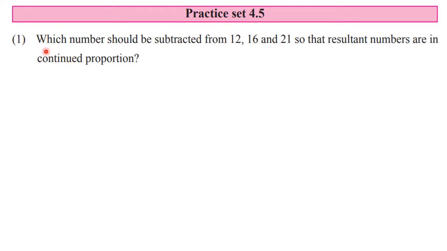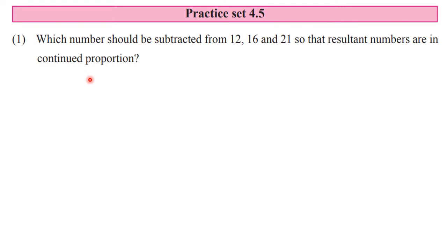So always whatever is unknown, we are going to take as x or we are going to take as k. As I have said, you can take any alphabet, but generally we take x. So always start with the statement from the question. So what will you write? Let x be subtracted from 12, 16 and 21 so that the resultant numbers are in continued proportion.